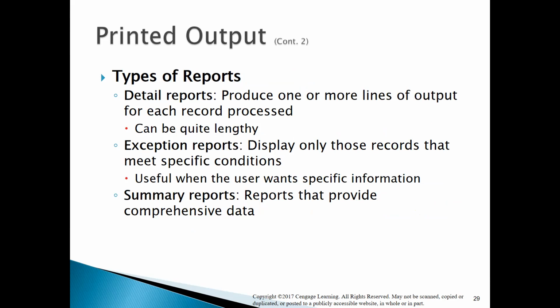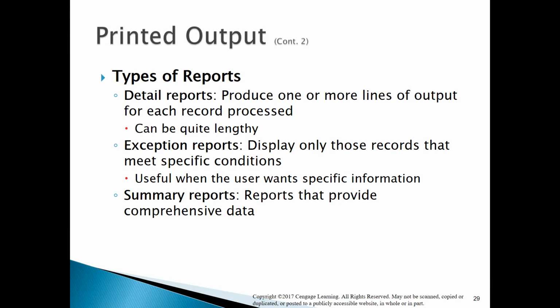First, you have the detailed report. It produces one or more lines of output for each record processed, so it is a lengthy report. Exception report displays only those records that meet specific conditions. Let's say your supervisor at work asks for a document showing how many people were absent last week.